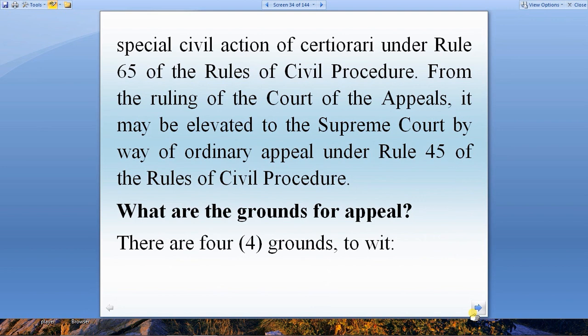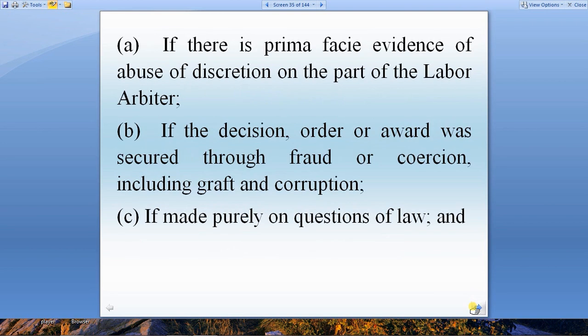Now, what are the grounds for appeal? There are 4 grounds, and those are the following. If there is prima facie evidence of abuse of discretion on the part of the Labor Arbiter. So, at the first glance, makita prima facie, may hindi napansin ang Labor Arbiter or there has been an abuse of discretion on his part sa paggawa ng decision.